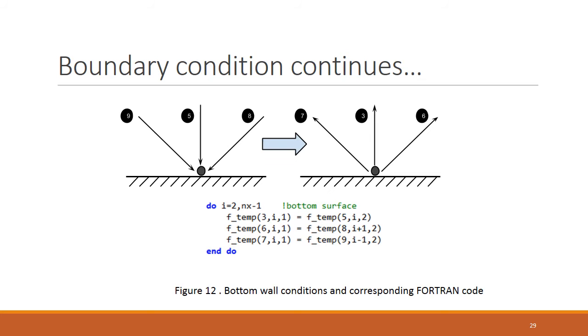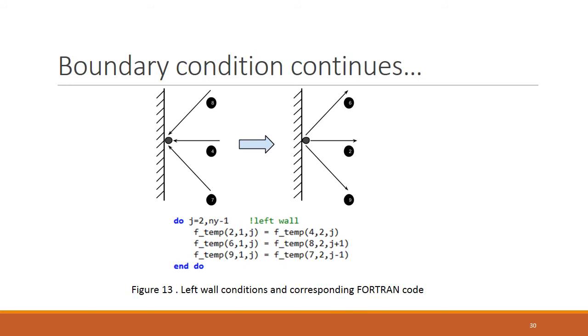So 5 is hitting the wall and 3 is coming back, so we're saying the last population is equal to the initial population. Same goes for 6. 6 is coming out on the right side, but 8 is the one hitting. Don't think of it as momentum, because people usually say it's hitting at 9, then it should come back at 6. No, we saw in the previous page that it's going to return back on the same path but in the opposite direction. So that's what's happening in here, the bottom condition.